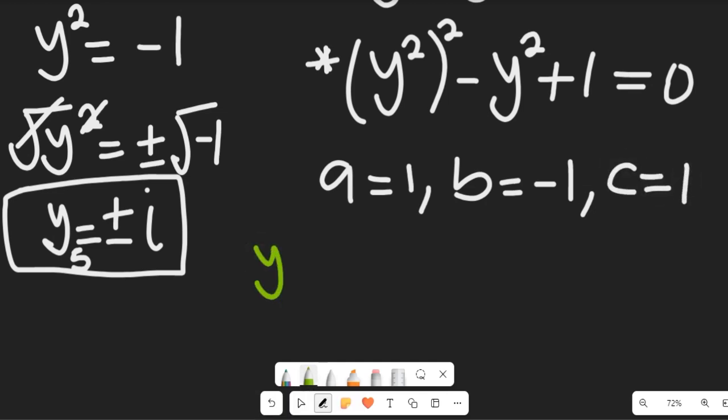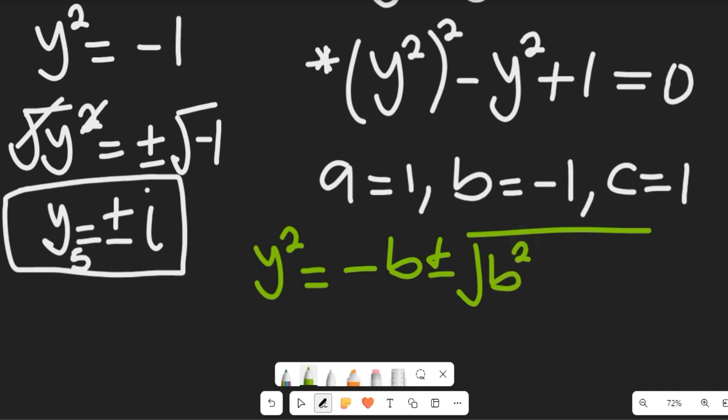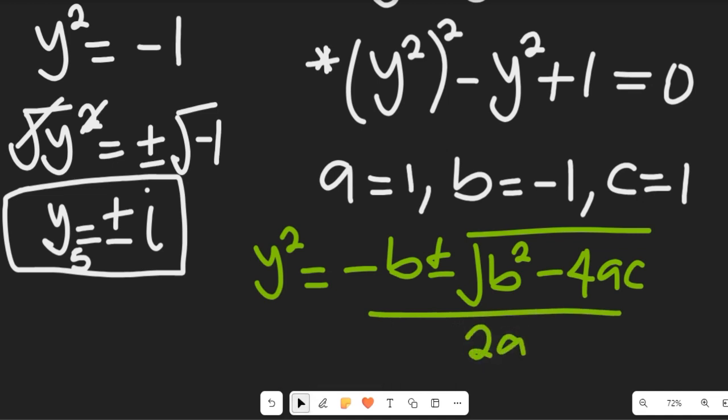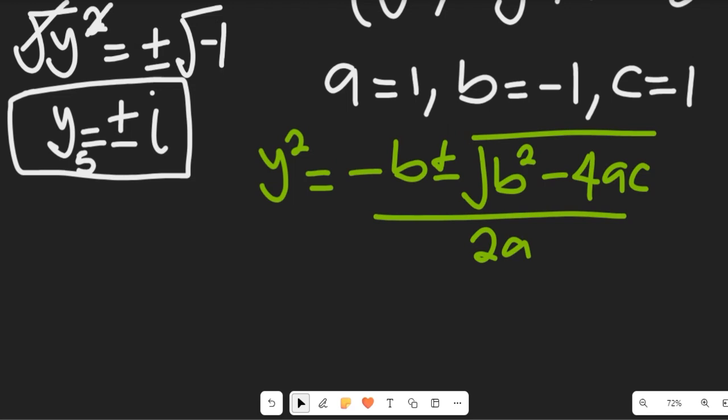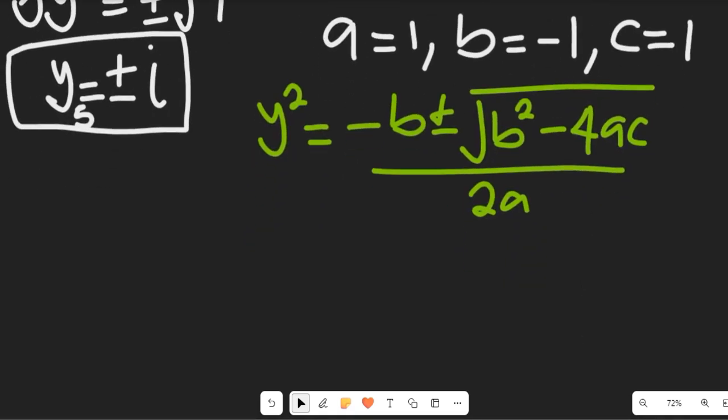We are looking for y squared to be equal to minus b plus or minus square root of b squared minus 4ac all divided by 2a. So let's simplify this by inserting those parameters.